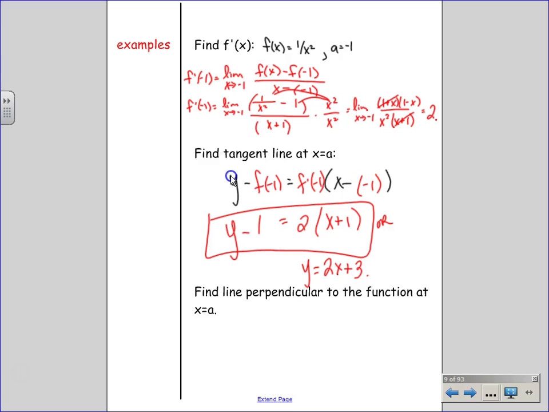Huh? Couldn't we do the graph of 1 over x squared? Couldn't we even mark the point negative 1, which hits at positive 1? What do they mean perpendicular to? What's a tangent line do?